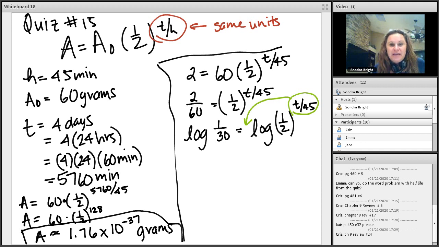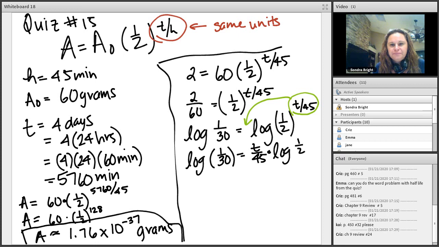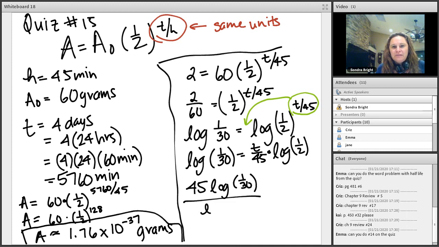All right, so you're going to bring that in front and you'll have log of 1 over 30 is equal to t over 45 times log of 1/2. And then we want to solve for t, which means you'll be multiplying by 45 and then also dividing by log of 1/2.